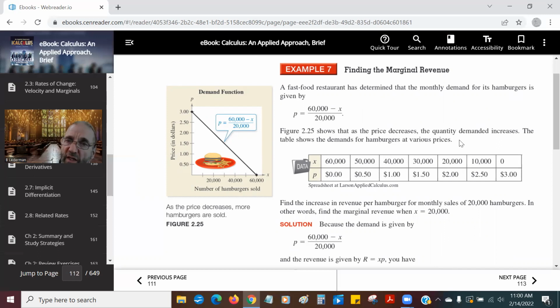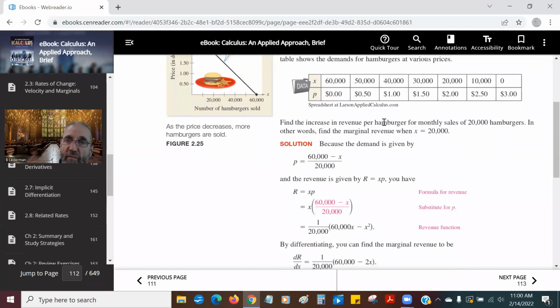The table shows the demands for hamburgers at various prices. So we want to find the increase in revenue per hamburger for monthly sales of 20,000 hamburgers. In other words, find the marginal revenue when X equals 20,000.